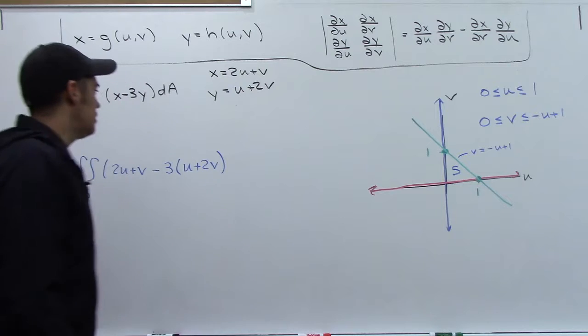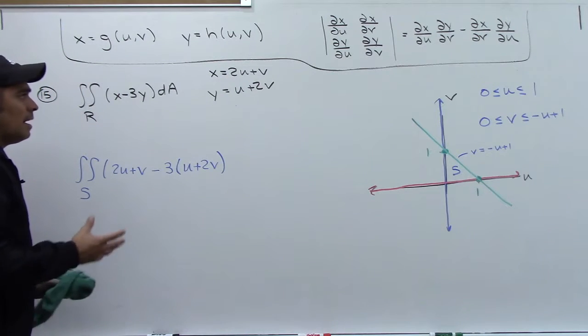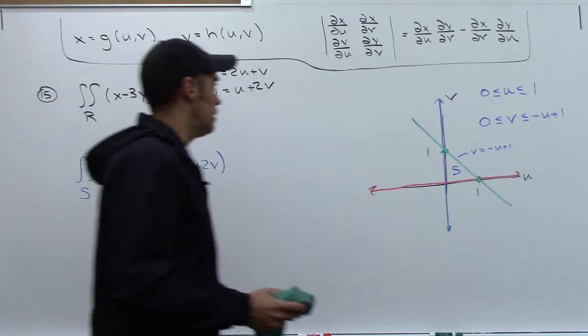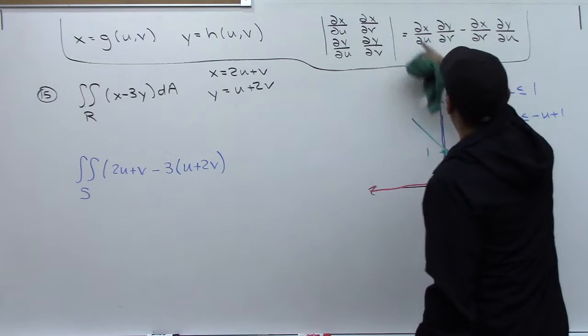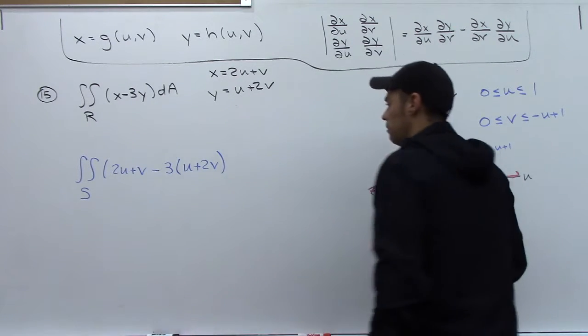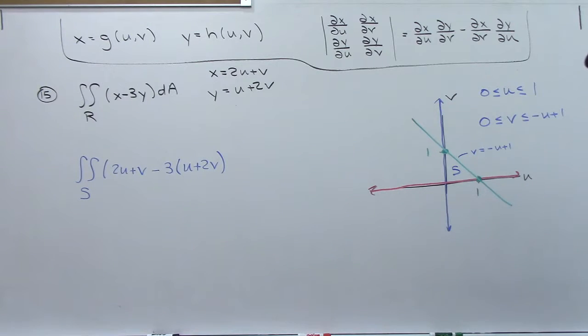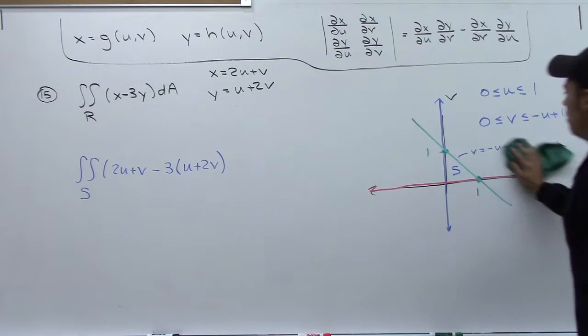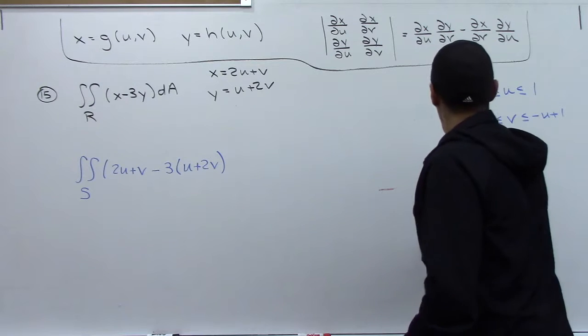And then I'm going to have with respect to area, but I have to put the Jacobian determinant in there. So I've got to figure out what this is, and I've got to place that right here. And then I can say du dv. So let's do our Jacobian determinant. I'm going to do that right here.